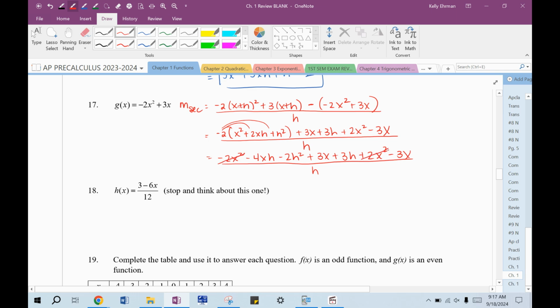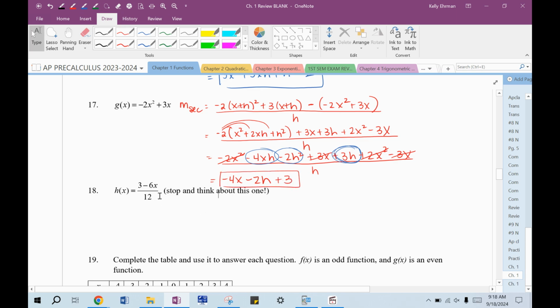Negative 2x squared plus 2x squared plus 3x minus 3x. If you don't want to rewrite the line with the h's, just circle what you have left, because like I said, it's this one right here, the last h term, that is easy to overlook. So my slope of my secant line, if I divide by h, is negative 4x minus 2h to the first plus 3.